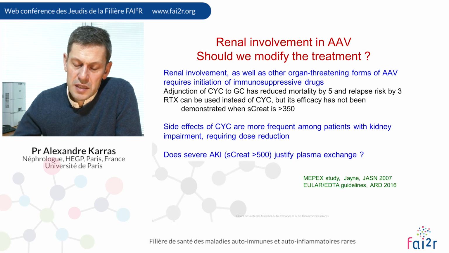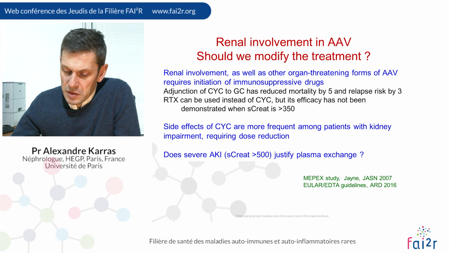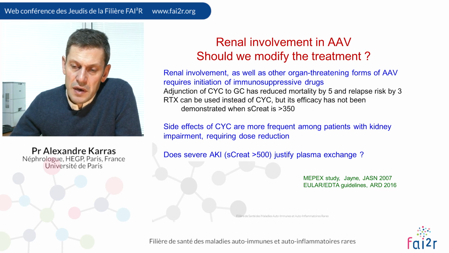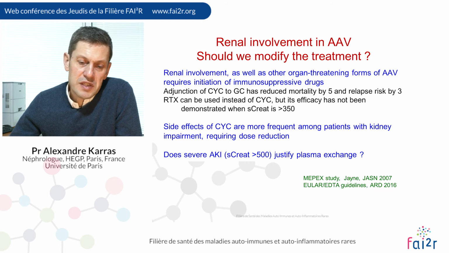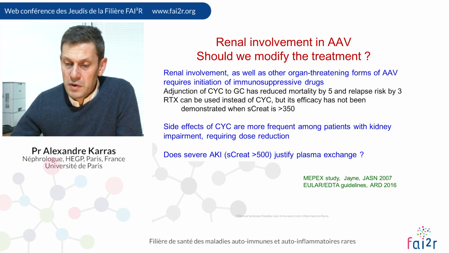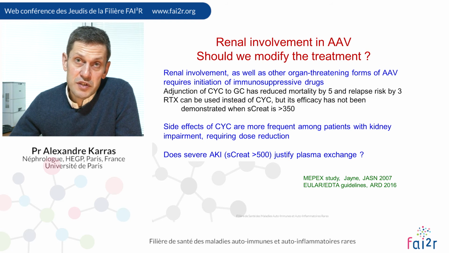The other thing that's important: for many years we have said that patients with severe acute kidney injury and serum creatinine more than 500 had to be given plasma exchange on top of immunosuppressive treatment.